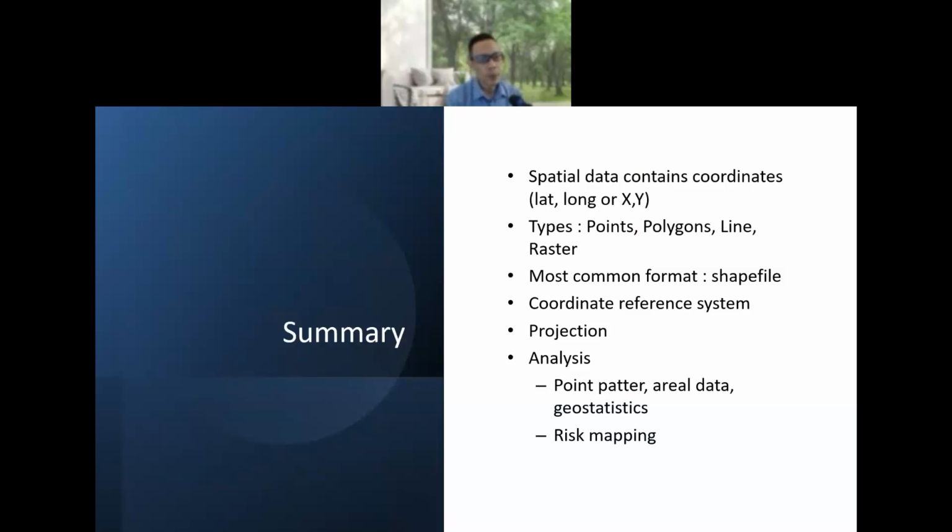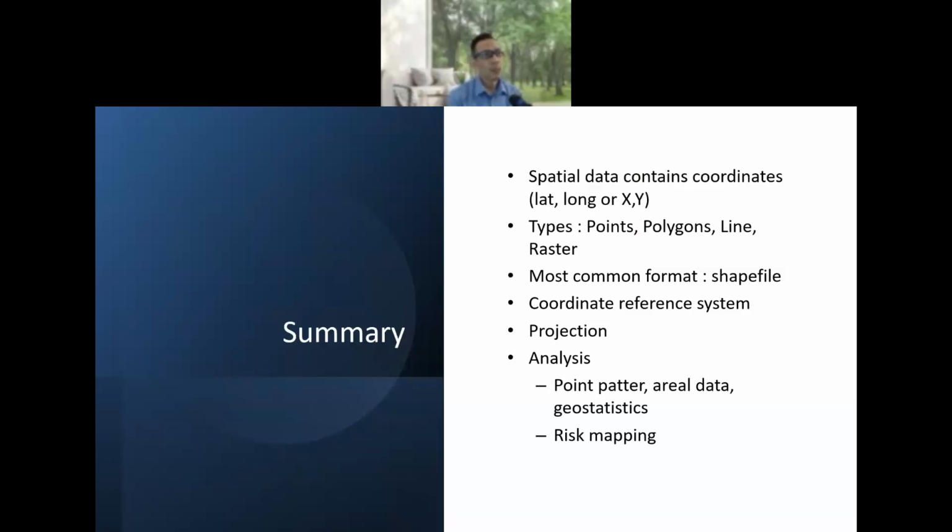Right. So when it comes to analysis, you can do point pattern analysis. But if you don't have points data, you can do areal data analysis, which is suitable for MPH. But when you go to the RPH, you may want to do geostatistics, for example INLA, integrated nested Laplace approximation, so that your analysis will be more valid.